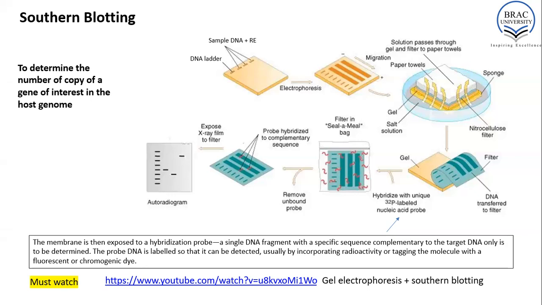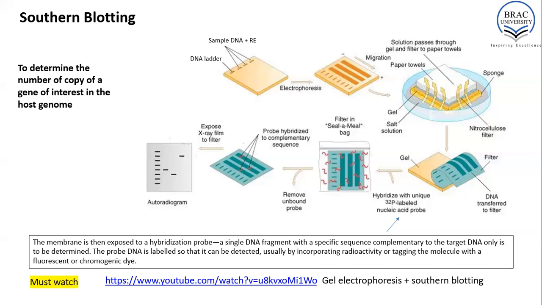From the transformant, you grow them, and then you extract the genomic DNA. That genomic DNA is digested with a restriction enzyme. So you need to know which restriction enzyme you will use.